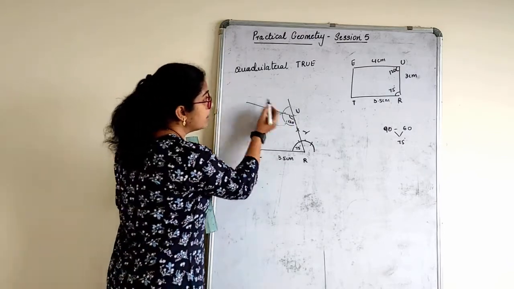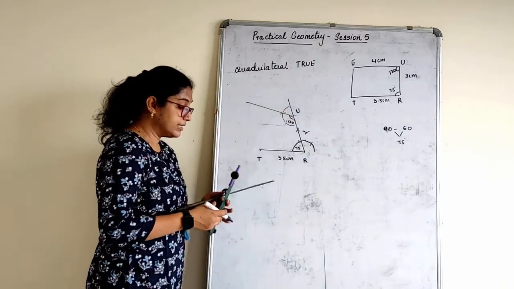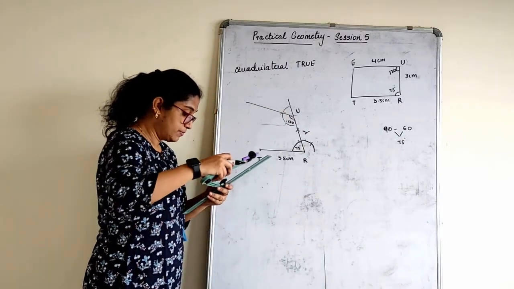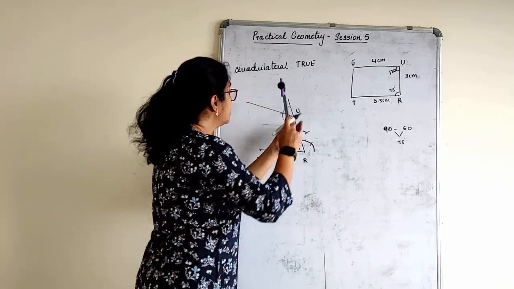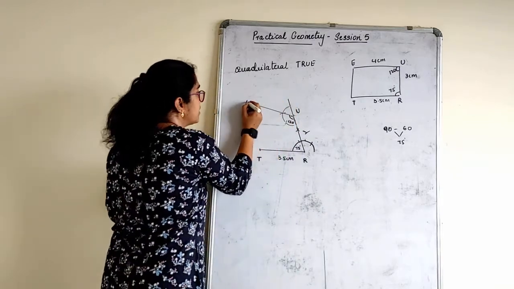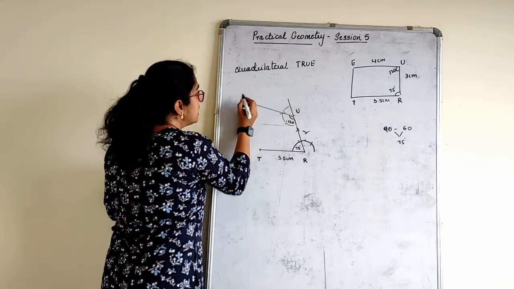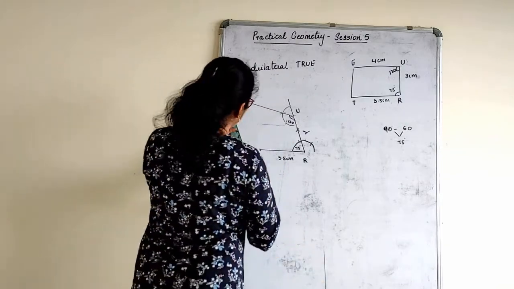I have drawn it, but it is for how much? 4 centimeter. Cut it for 4 centimeter. Keep your compass. Cut it for 4. Exactly it is cutting here. This is point E. Now can I join E?